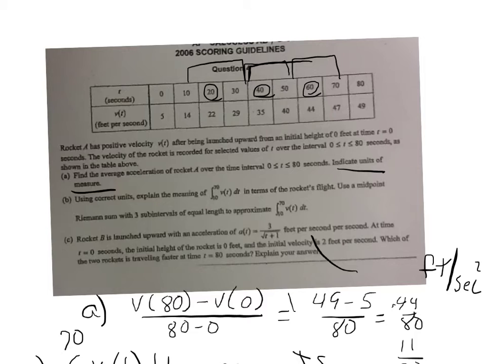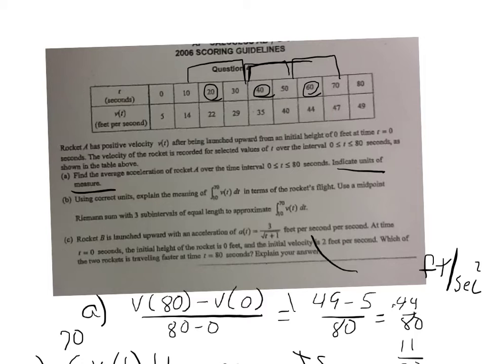Average velocity. It's going to give us the velocity at that point. So if we were thinking about a graph and we did the midpoint, that would be the height of the rectangle.